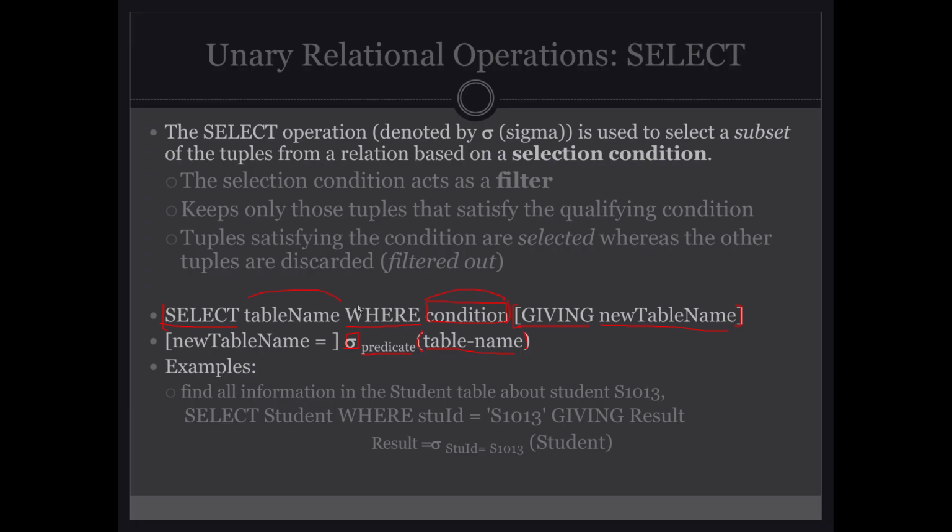Finally, if you want to put the result somewhere, you can do the new table name equals. The square brackets are not part of the notation, okay? So as you can see in the example here, result equals sigma subscript student ID equals S1013, parentheses student, okay? The selection, in short, just gives you all the records that satisfy a specific condition. It's not that hard.